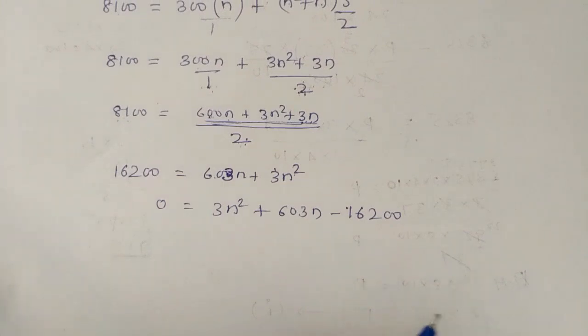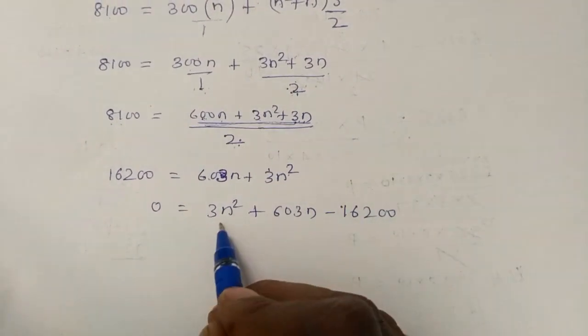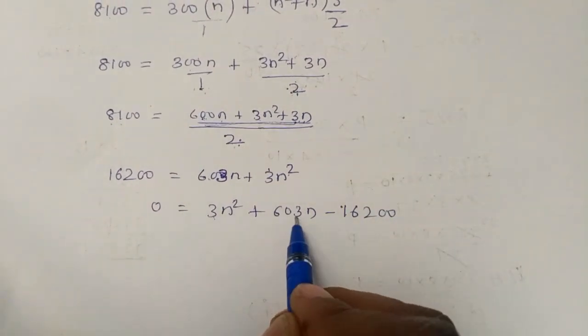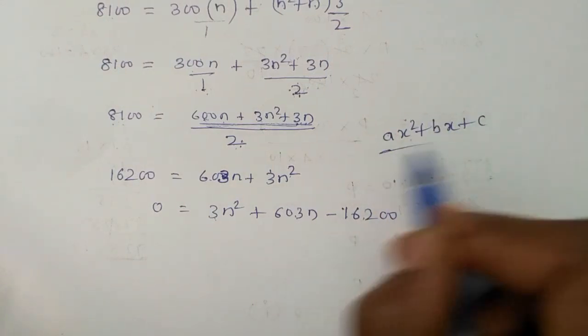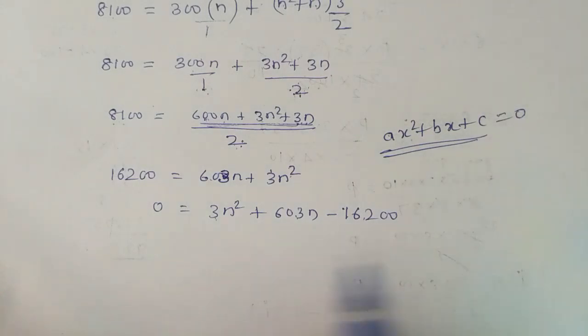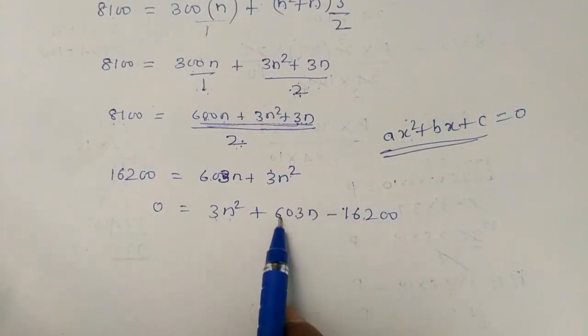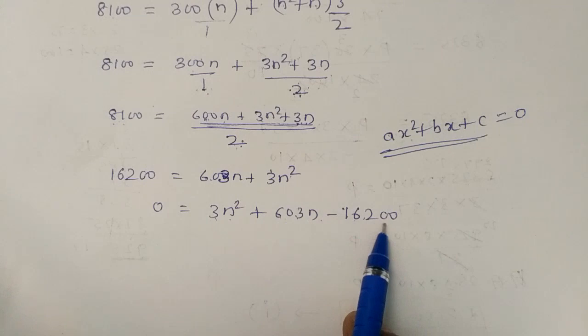So now it is a quadratic equation. It is in the form ax square plus bx plus c equal to 0. Look here, this is ax square, this is bx, this is c.